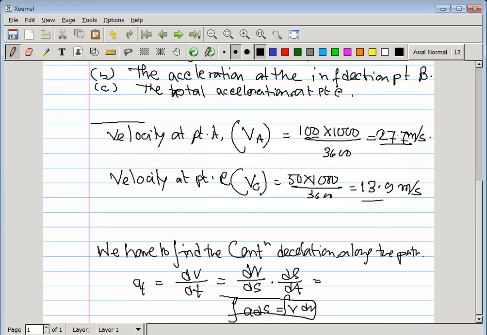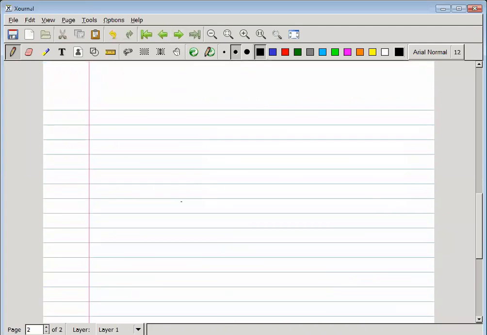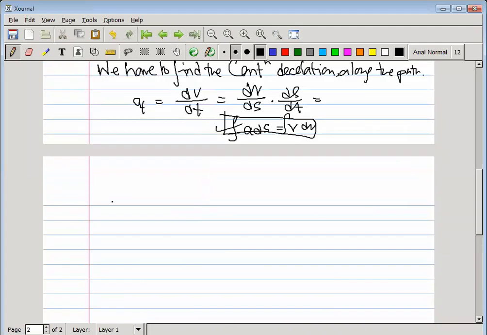Integration, right? This one we can write. So from point A to C, at point A the velocity is va, at point C velocity is vc, so that v dv is equal to a integration of ds, and s is initially zero displacement, this is equal to s, the amount of displacement.